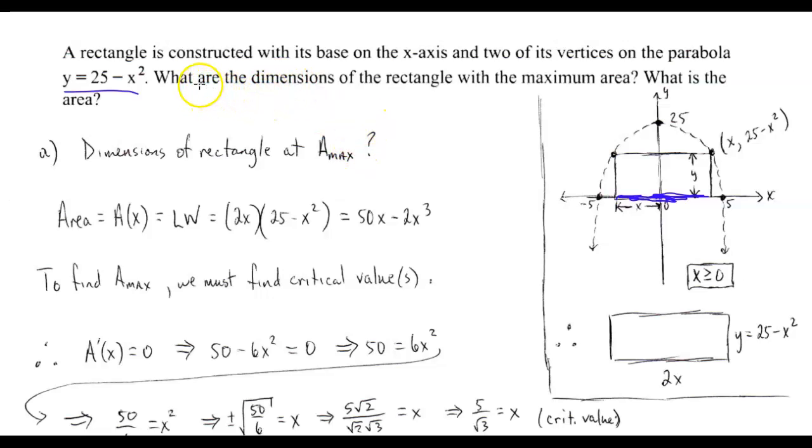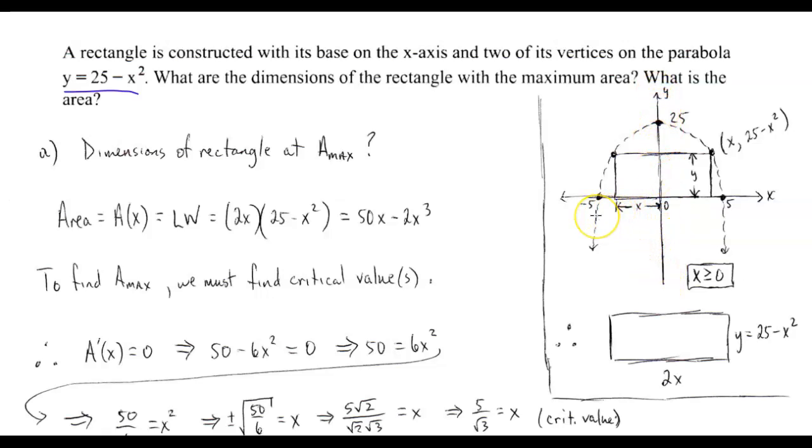We want to know the dimensions of this rectangle, meaning the length and the width, to maximize the area under this particular parabola. Basically, we want to know the largest rectangle we can stuff under this parabola. Now, notice that the function y equals 25 minus x squared is symmetric about the y-axis.